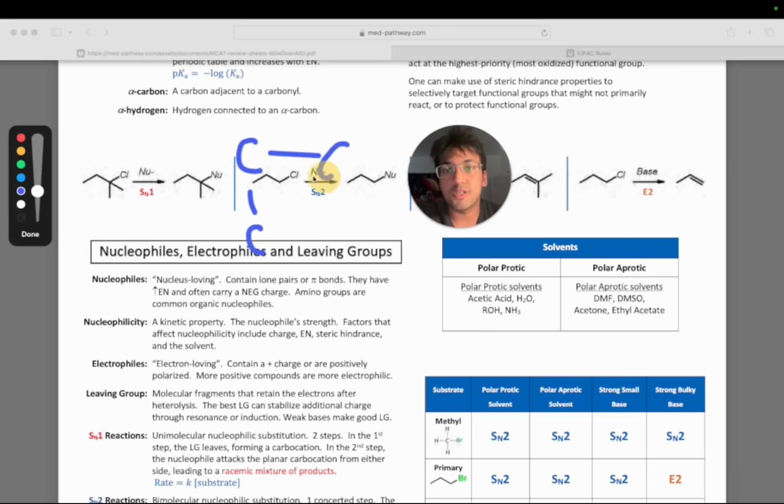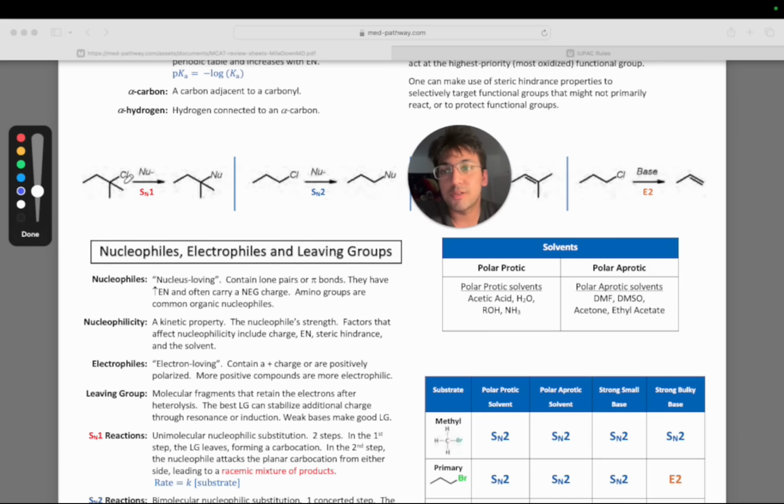These carbons are going to be able to handle a positive charge better than if it was attached to hydrogens. So basically, Sn1 reactions are more likely to happen when you have secondary or tertiary carbons, versus Sn2 reactions, which are more likely to happen when you have a primary carbon.